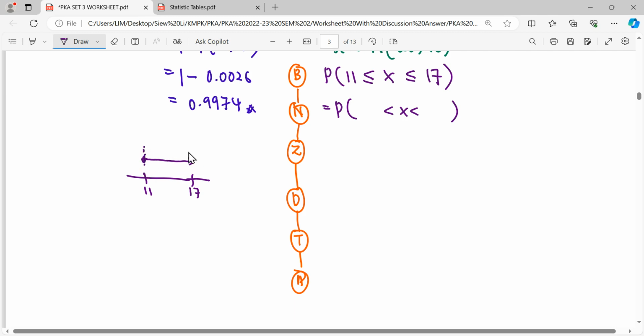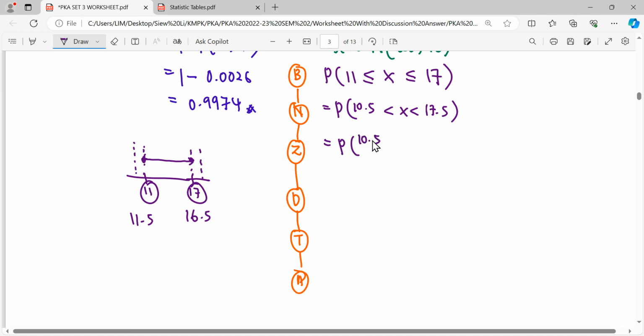So you have to start before 11, which means minus 0.5, so 10.5, and after 17, which is 17.5, so that your included values will be accurate. If you start at 11.5, then your number 11 you didn't take, or if you end with 16.5, then your 17 will be missing. So do your continuity correction correctly, then only can you proceed to the z-score.